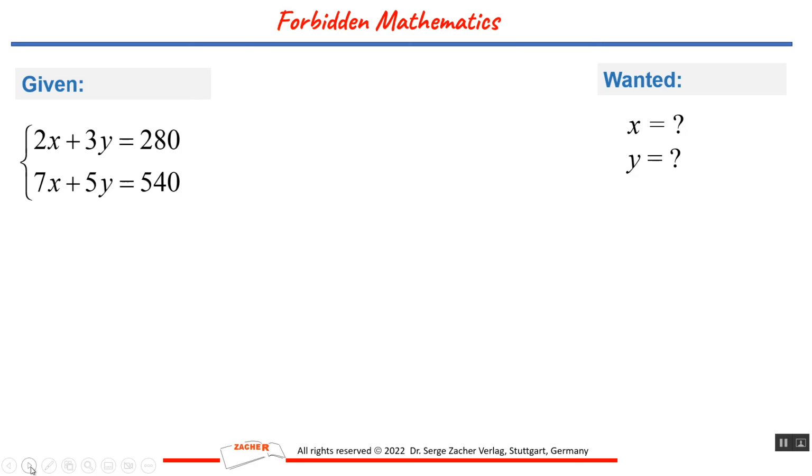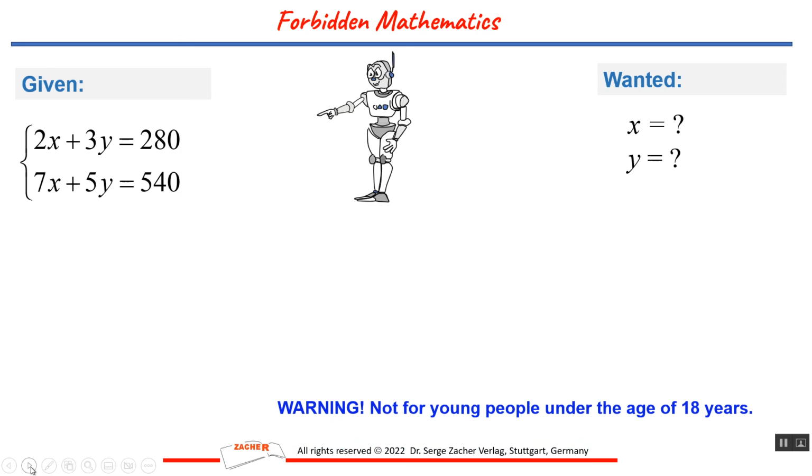Given is the system of algebraic equations with two unknown variables. Let us solve it with ink blots as we do it on our planet.